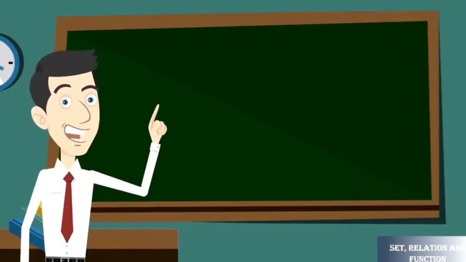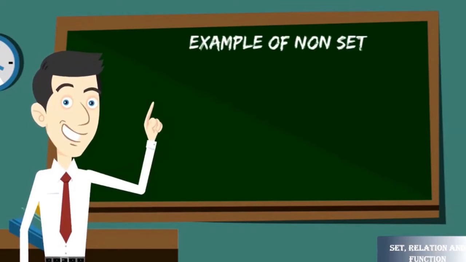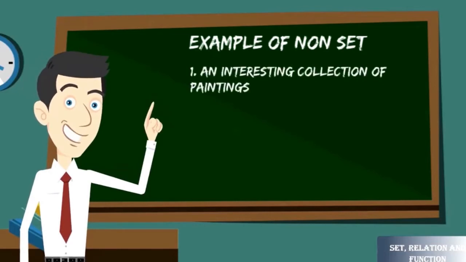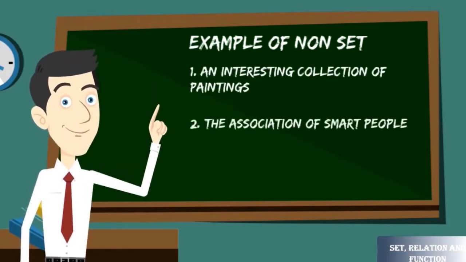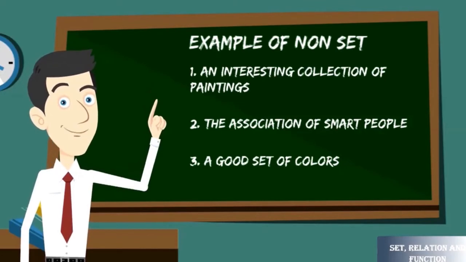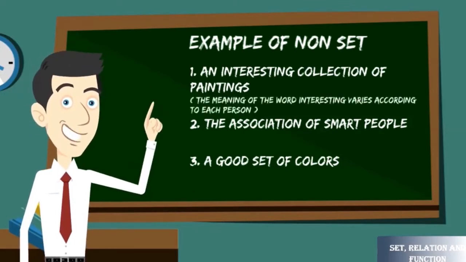Now we will talk about example of non-set. So what is the example of non-set? The first one is an interesting collection of paintings, the association of smart people, a good set of colors, etc. An interesting collection of painting is non-set because the meaning of the word interesting is variety according to each person.